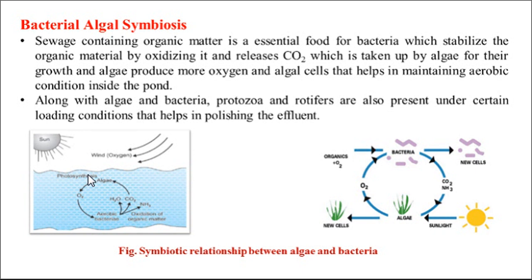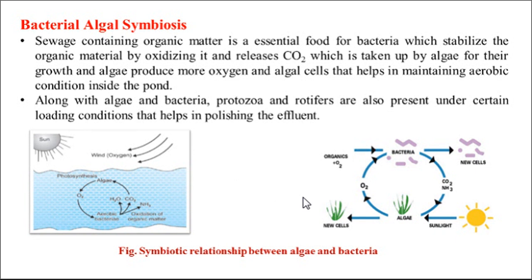So with sunlight taken from the sun, the algae starts its photosynthetic activity, and the algae will release oxygen, and that oxygen is utilized for maintaining the aerobic condition inside this oxidation pond.